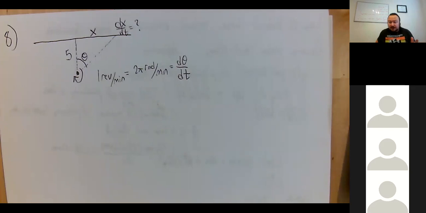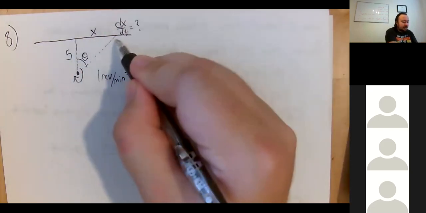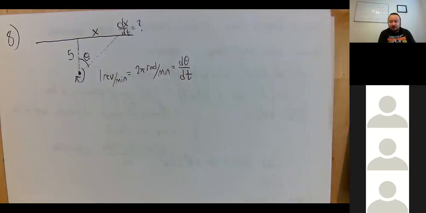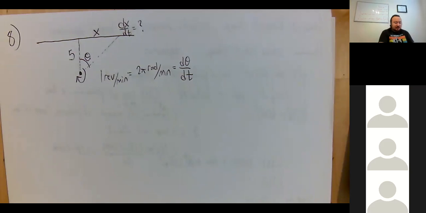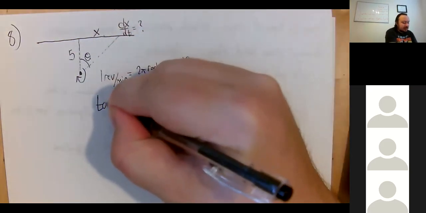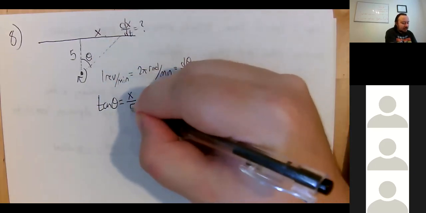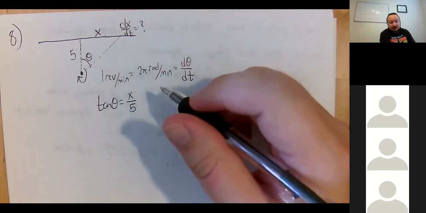So we need to come up with an equation. What equation would relate this angle, this side, and this side right here? Yeah, that's right. It's going to be tangent. Tangent is opposite over adjacent. So tangent of theta will be the opposite, x, over the adjacent, which is 5.